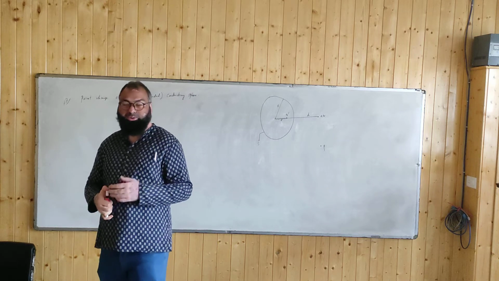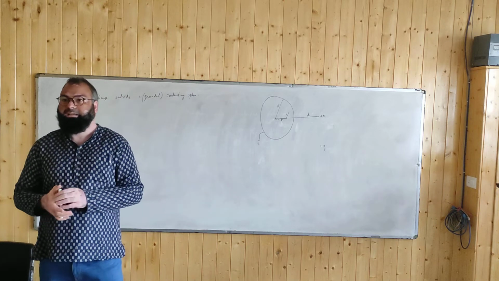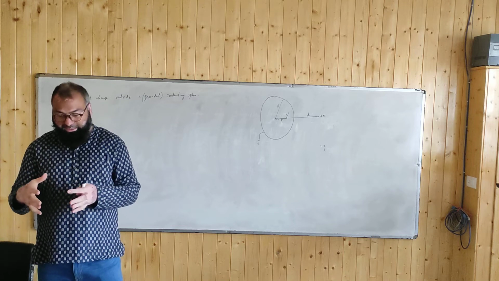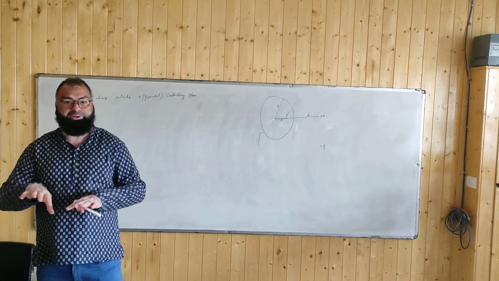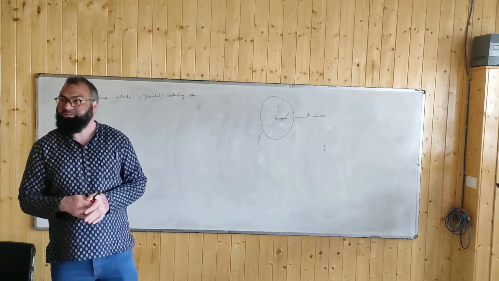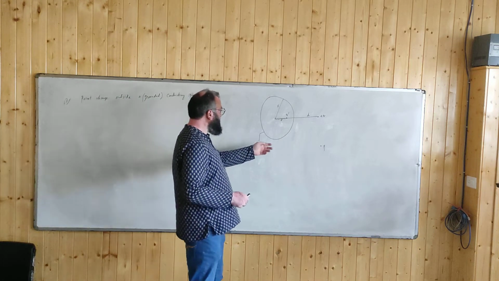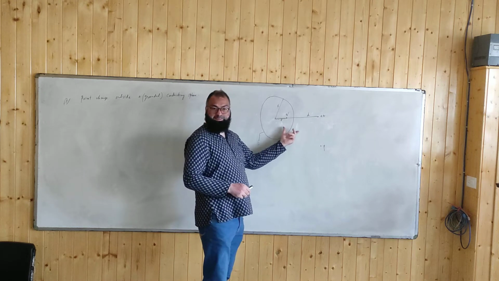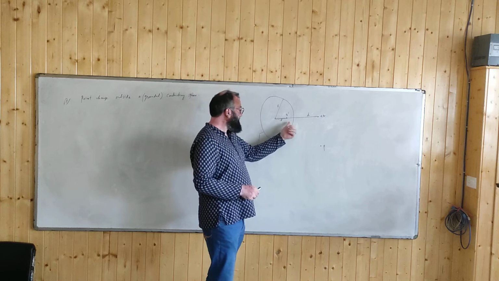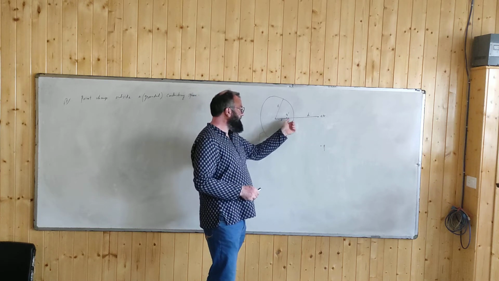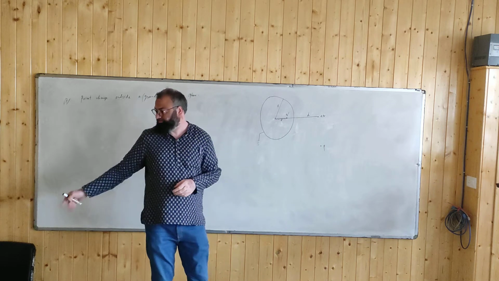We are simply creating an image of a given charge so that we can reproduce the boundary condition. In this configuration, the boundary condition is phi equal to 0 on the surface. With that help, you will be able to figure out what D prime is and what Q prime is.